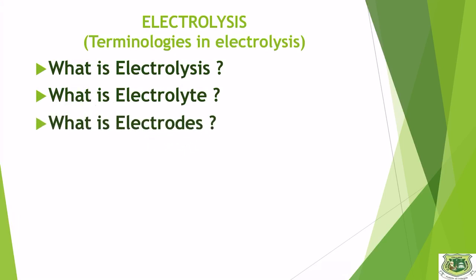Electrodes. What are electrodes? Electrodes are conductors in form of wires, rods, through which electric current enters or leaves the electrolyte. Electrodes are divided into two: the anode and the cathode.